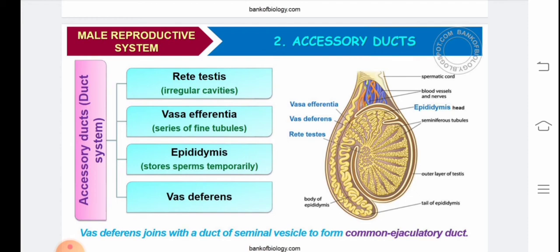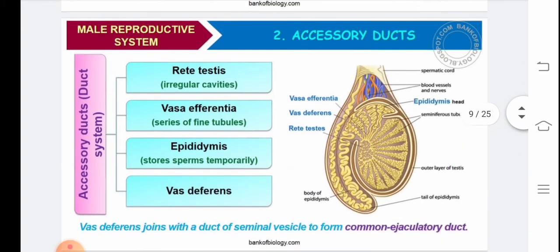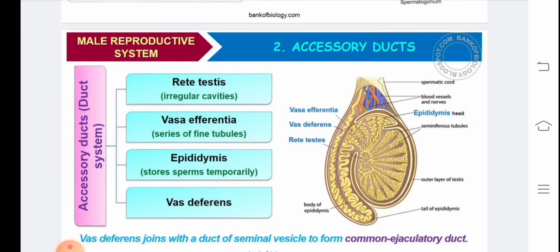So there are different types of accessory ducts. They are rete testis, vasa efferentia, epididymis, and vas deferens. Here in the picture you can see those structure. So let us start with rete testis. So rete testis is a network of tubules which carry sperms from the seminiferous tubule to the vasa efferentia.